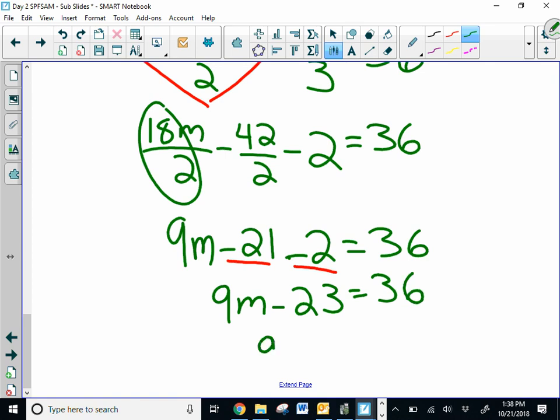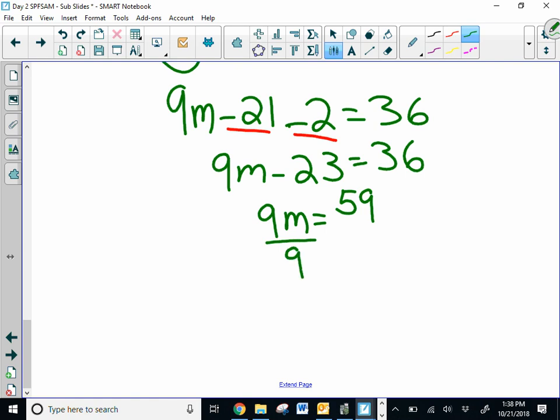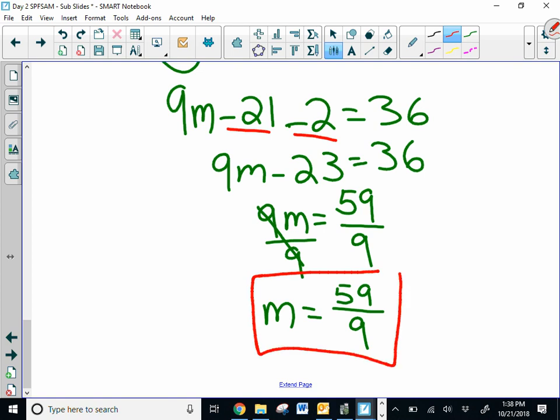Add 23 to both sides. 9m equals, what's that going to give us? 59. And then divide both sides by 9. We'll end up with m equals 59 over 9. Again, you could go back, check this by plugging it into your calculator, but trust me, this one's going to work out.